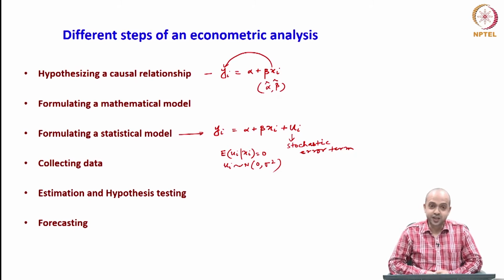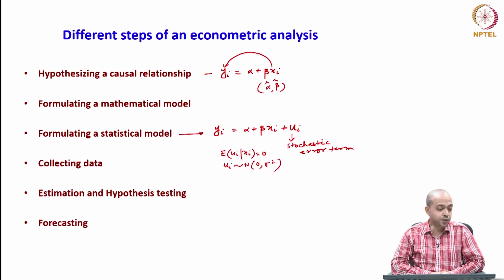Like that, before we apply our estimates of alpha hat and beta hat for policy purpose, we must ensure that they are reliable and exhibit certain desirable properties. Unless they do, it would be dangerous to use them for policy purpose, like applying the coronavirus medicine on a human being without testing.